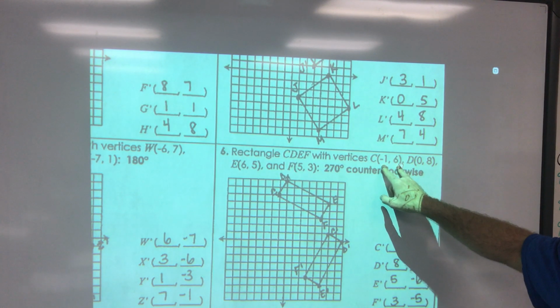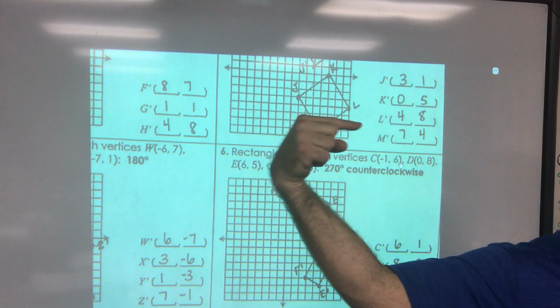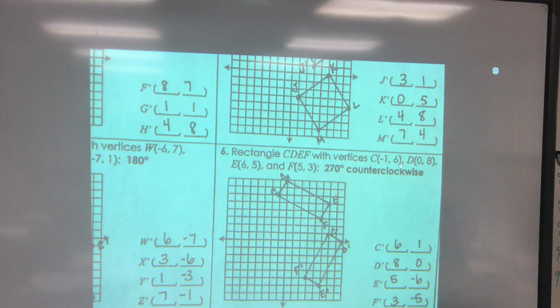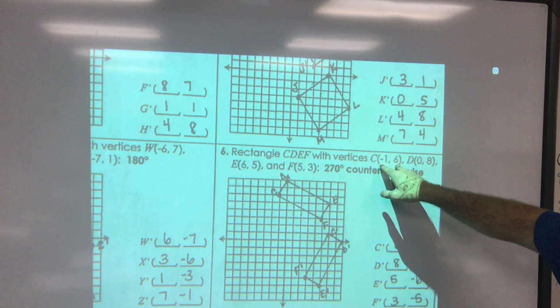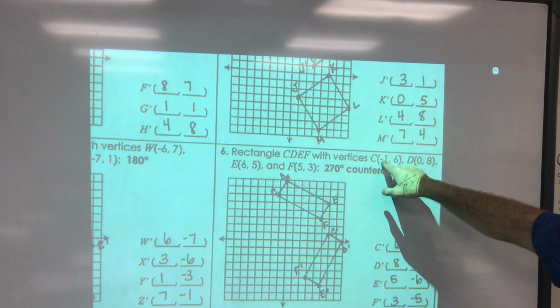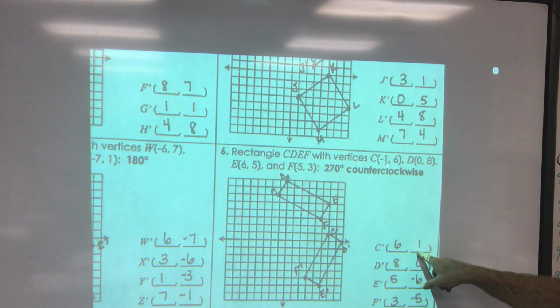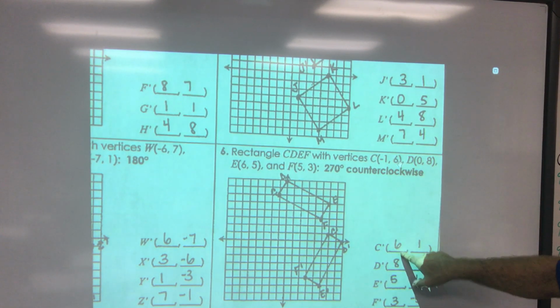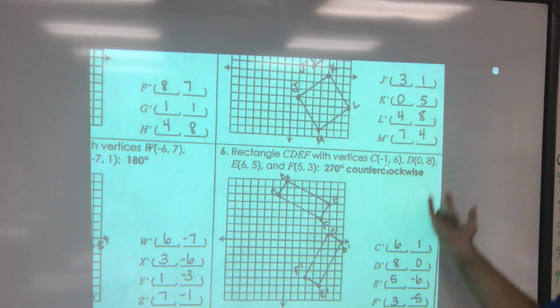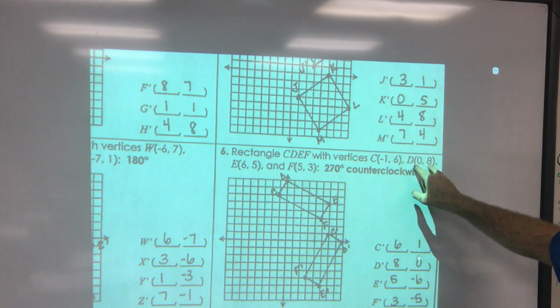If you look over on the wall, our rules are that I take the x value, bring it to the y, and change the sign, and my y stays the same. So this is going to flip to 6 and 1.